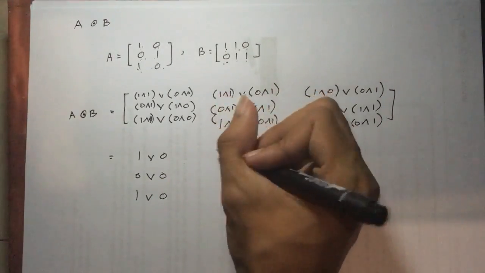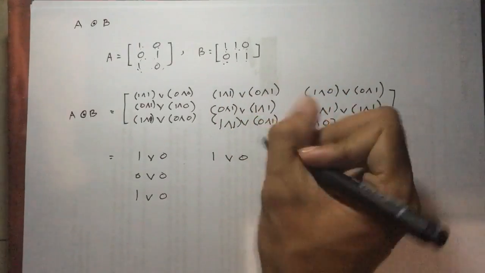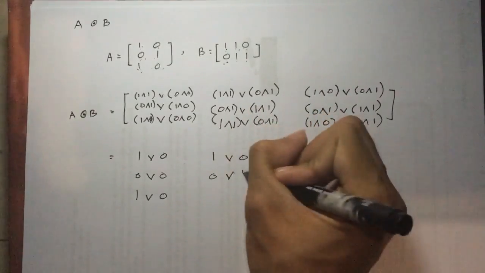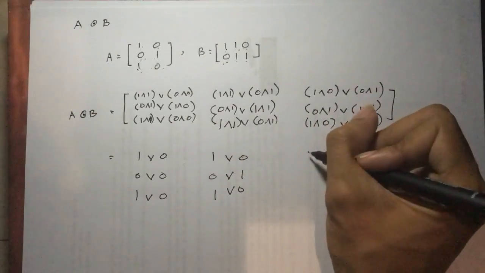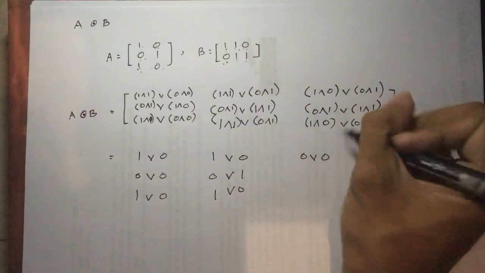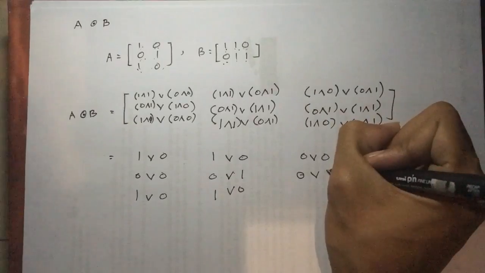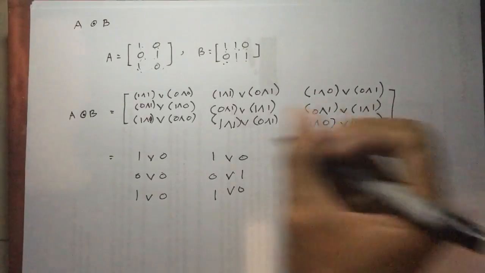Next will be 1 or 0, 0 or 1, 1 or 0. Next is 0 or 0, 0 or 1, 0 or 0.